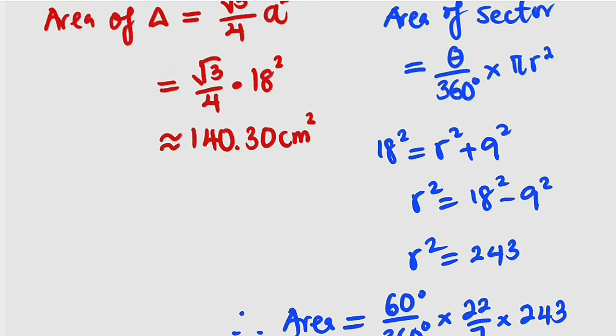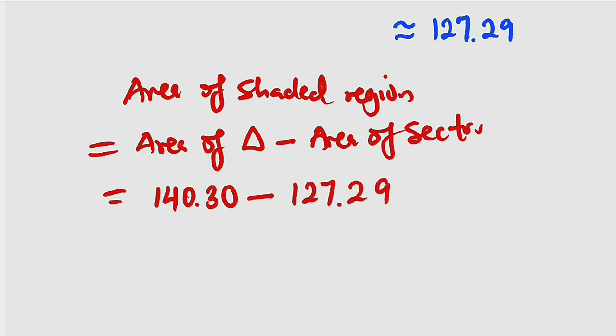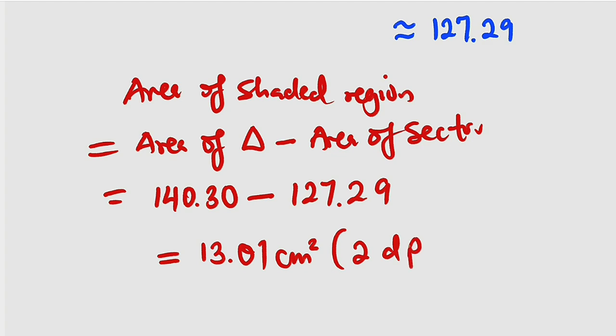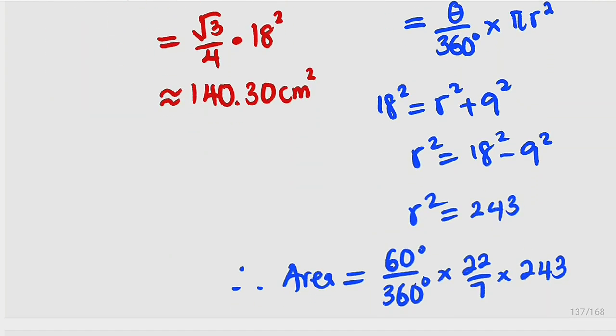We have it here as 140.30. 140.30 minus the area of the sector, which is 127.29. Then we subtract, and this will give us exactly 13.01 cm squared in 2 decimal places according to the question, and hence this is the area of that shaded region, 13.01.